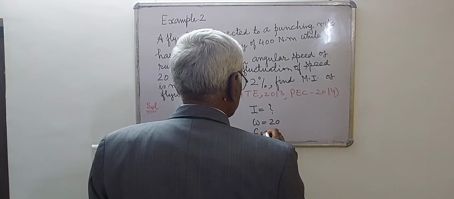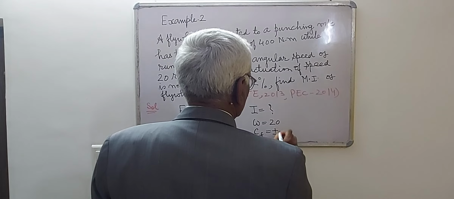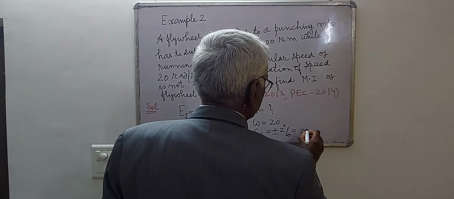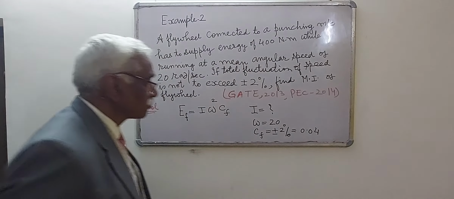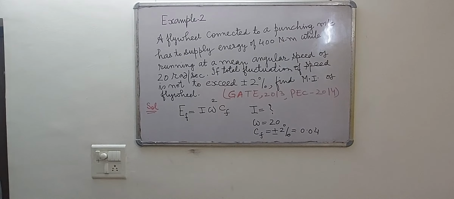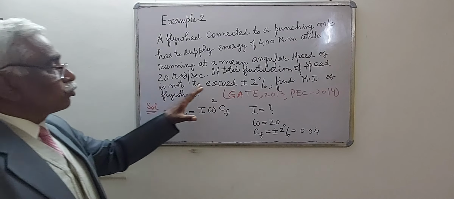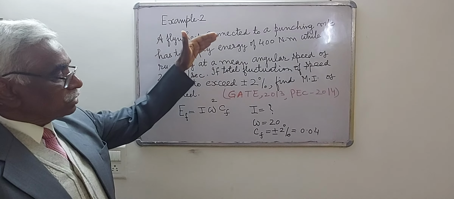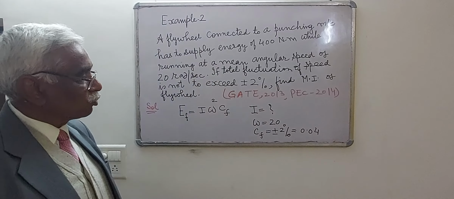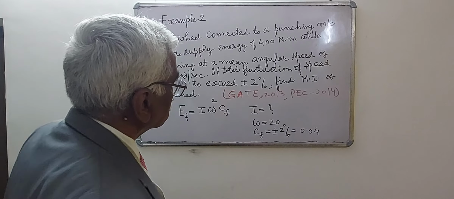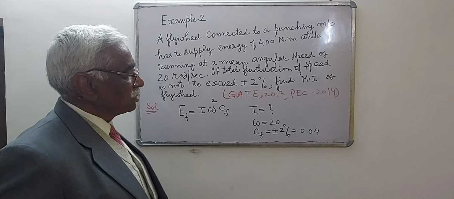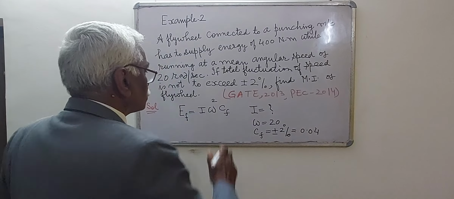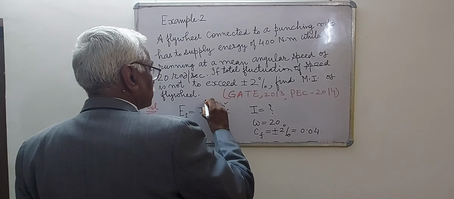CF is given as plus minus 2%, meaning it is to be taken twice of this, that is 0.04. Total fluctuation of speed is not to exceed plus minus 2%. It means 2% above the mean line and 2% below the mean line. So the total value of CF is 4%, 0.04. Omega is also given.